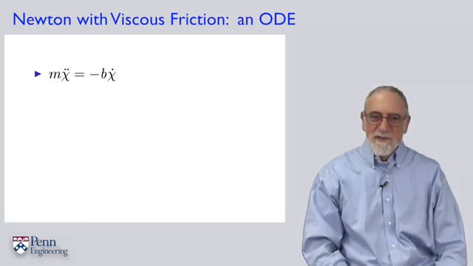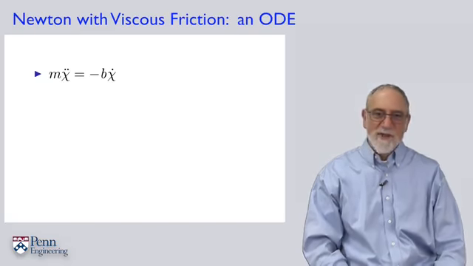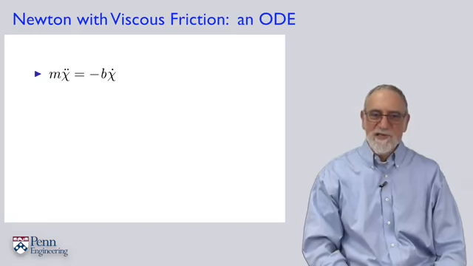This equation, m chi double dot equals negative b times chi dot, expresses in one neat form all of those ideas. It says that Newton's ma, or the inertial force of acceleration, is exactly balanced by the viscous drag introduced by the friction that's slowing down the motion in proportion to its velocity.